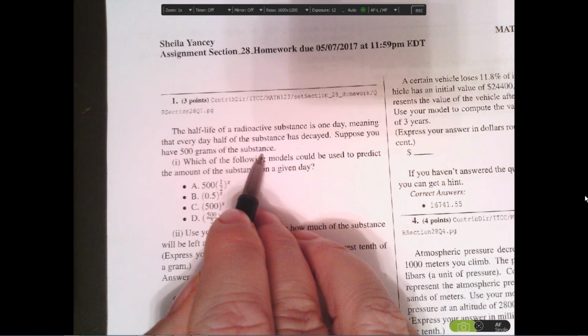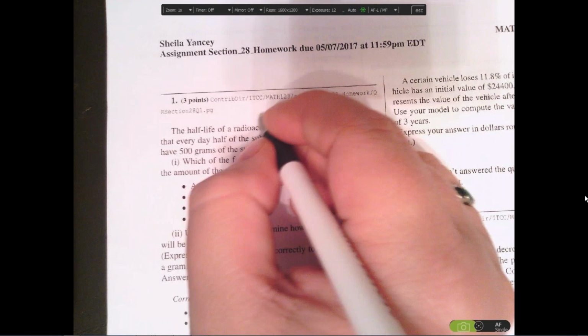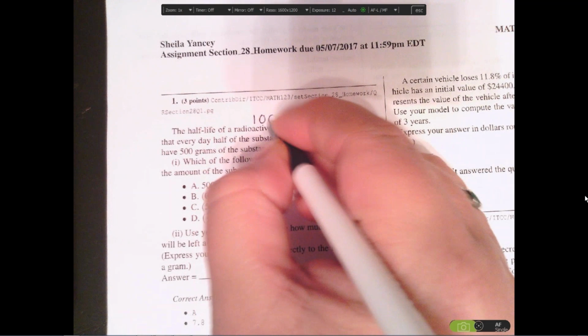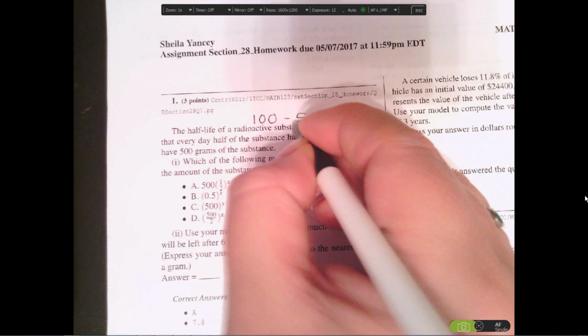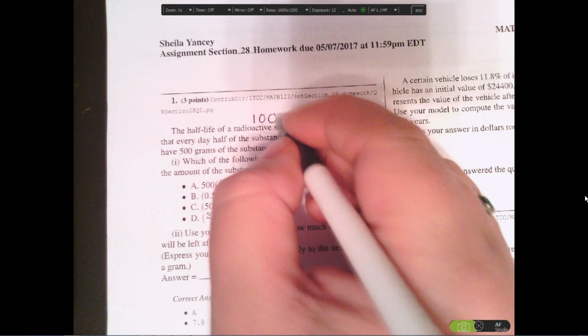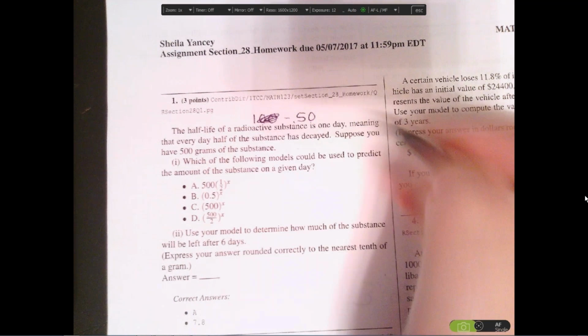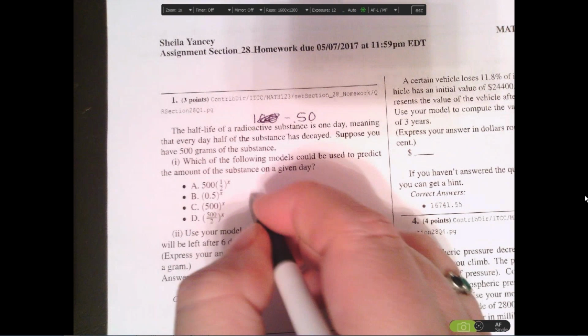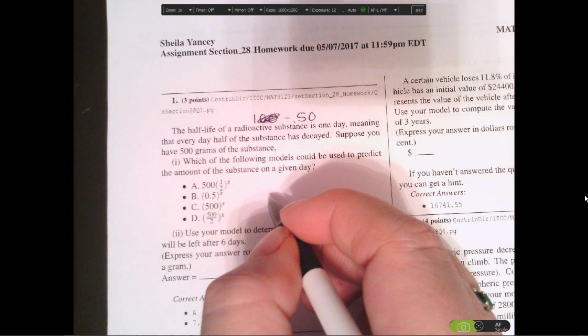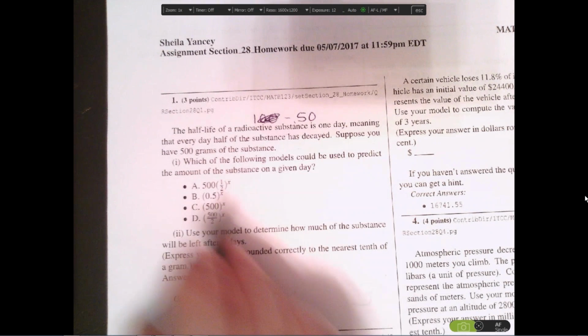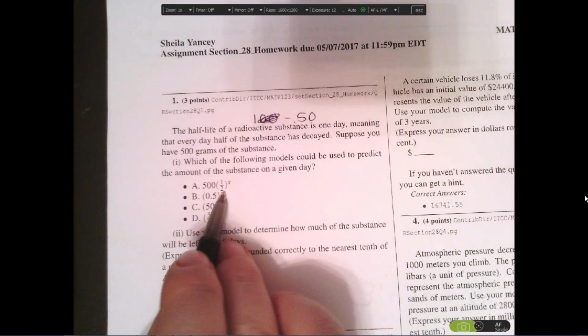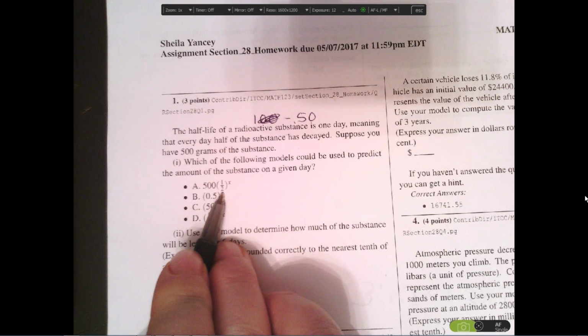Suppose you have 500 grams of the substance. A half-life would mean 100% minus 0.5 or 50%. So it would just be 1 minus 0.5. So all we get is the 0.5, but I see they are using 1/2, which is the same thing.